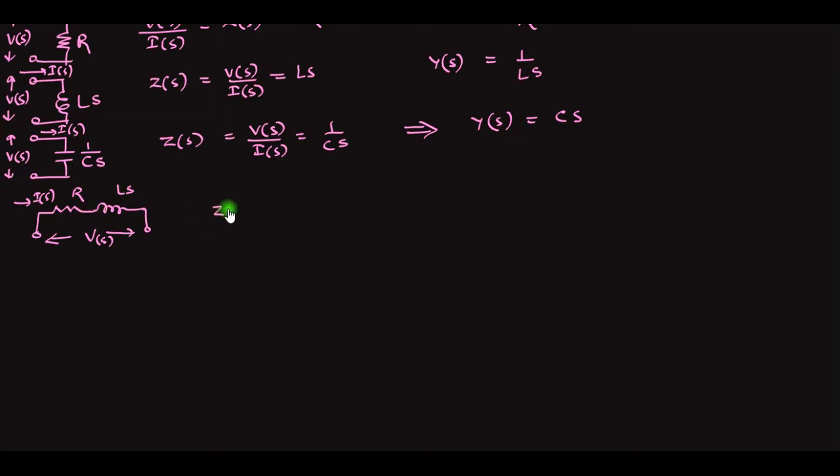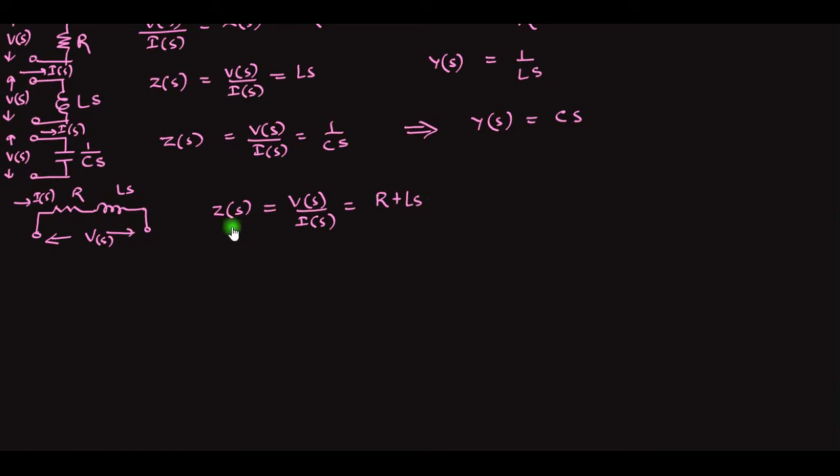So the driving point impedance Zs would be equal to Vs divided by Is, which is the total impedance offered by the circuit. The impedance offered by the resistance is R and by the inductor is Ls, so the total impedance would be the summation of these two, that is R plus Ls.